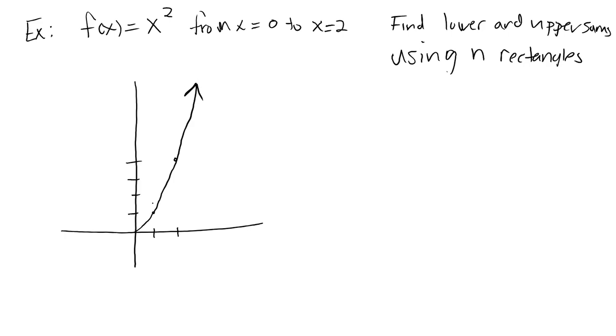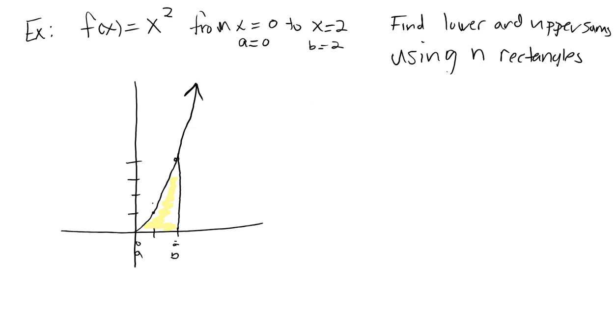And we're looking for the area from x equals 0 to x equals 2. So our a is equal to 0 and our b is equal to 2, from 0 to 2, a to b. Draw my vertical line up there, and this is the area that we are trying to approximate.